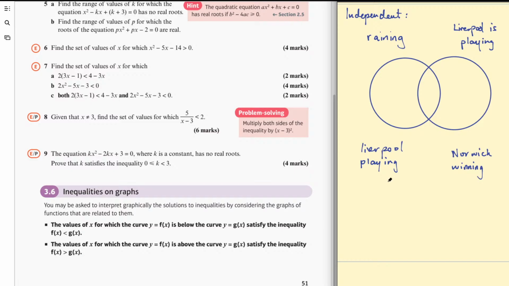These are mutually exclusive because you cannot have, sorry, I should say playing Norwich and Norwich winning. You cannot have Norwich beating Liverpool, so these are mutually exclusive.